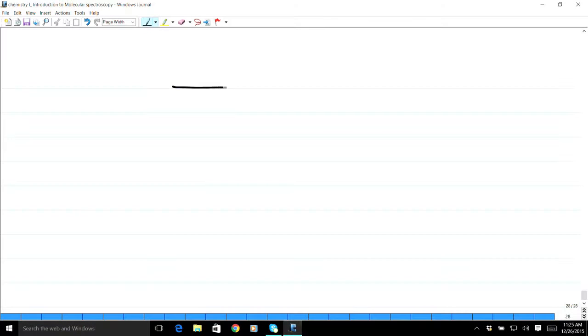Okay, so before we do this, we will again write the three processes. This is energy E1, this is E0, and the number of molecules in this state is N0, and the number here is N1.